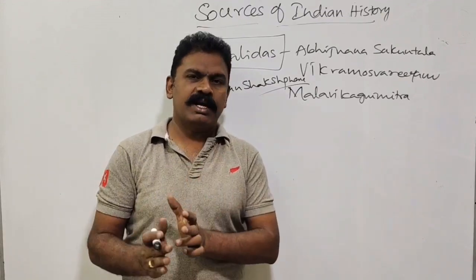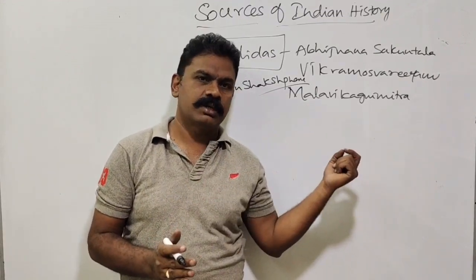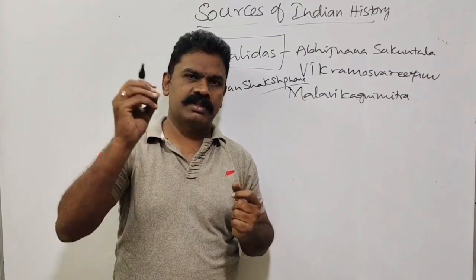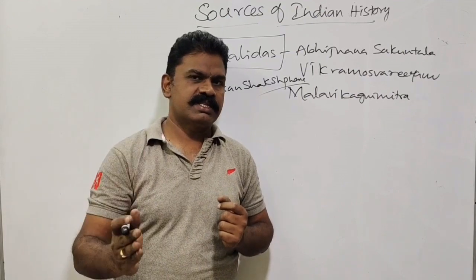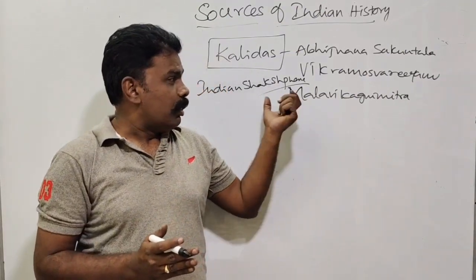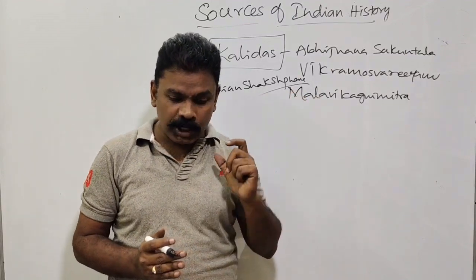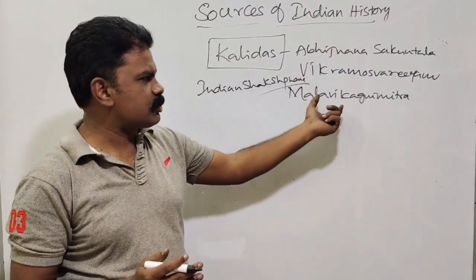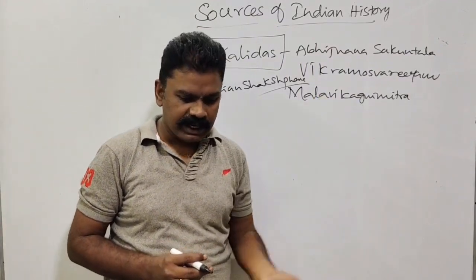He mentioned that the Ujjaini Mahankali temple became a center for the Devadasi system. The Devadasi system led to prostitution. That means prostitution started in the Devadasi system. It was first explained in the Malavikagnimitra.